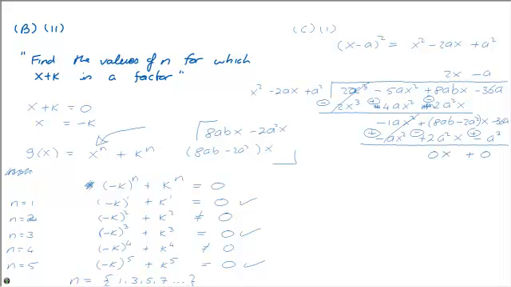So that allows us to create some equations. We know that 8ab minus 2a squared will equal 0. And we know that minus 36a plus a cubed is going to equal 0.